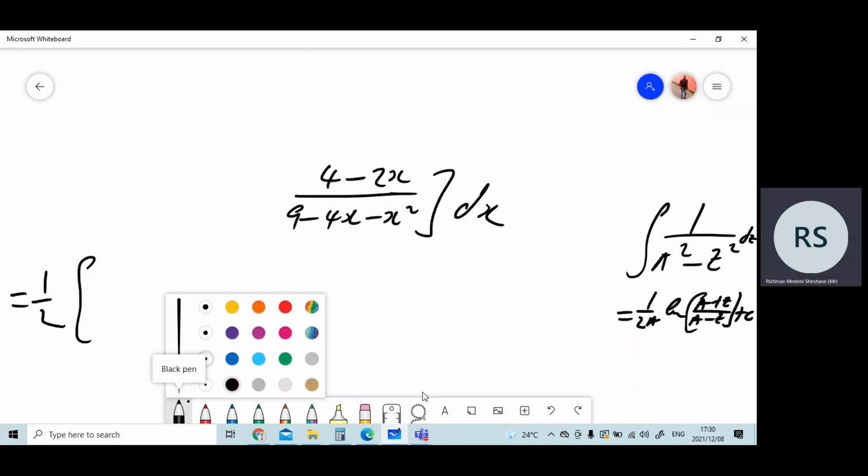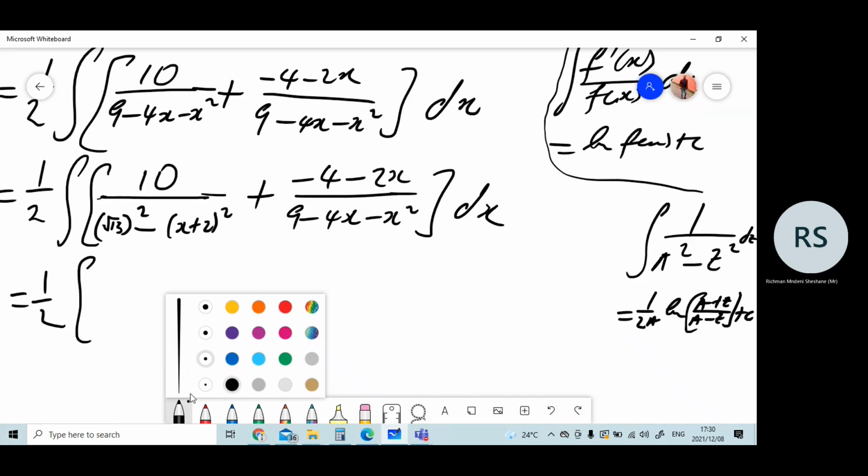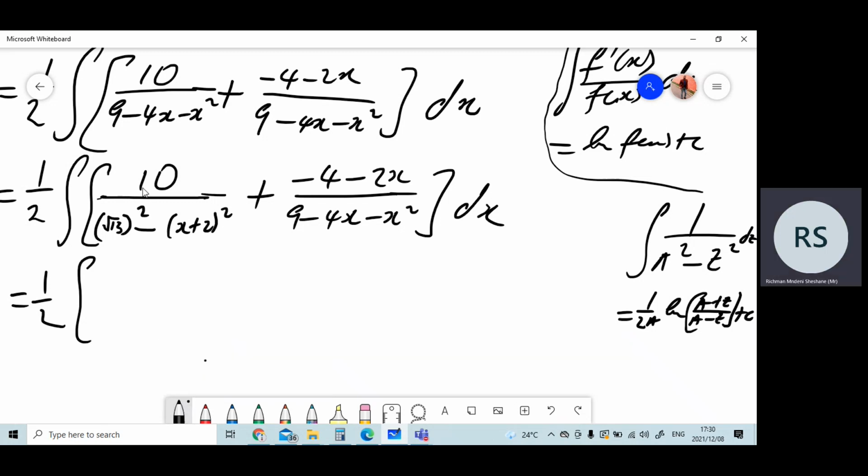So we pull out 10 and integrate 1 over a squared minus z squared. The integral of a squared minus z squared is this one. So there will be a 10 that we pull out, and the integral of this is 1 over 2a, right? But our a is the square root of 13.